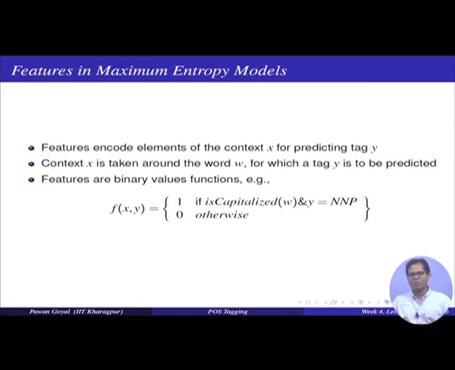For example, f(x,y) is 1 if one of the previous 5 words has a tag of preposition and the current tag is, say, verb, and 0 otherwise. So you have a lot of freedom in defining and choosing your features. Once you have computed all these features, the model learns the weights lambda for all of them, and then there is a very simple function to compute the probability of a class given any observation.